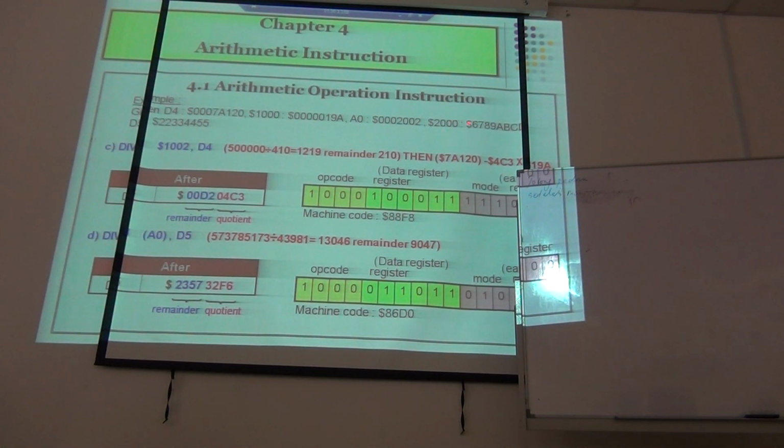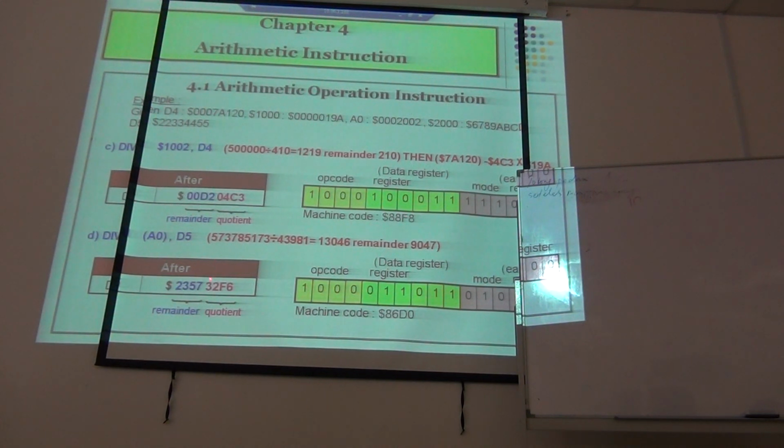You are given 2000 here, 2000, 2001, and 2 here starts ABCD. So you are going to divide this long number by ABCD. Then you can get the first one, 3 to F6, the first number you got.